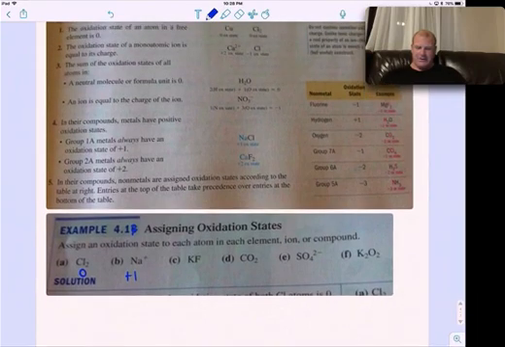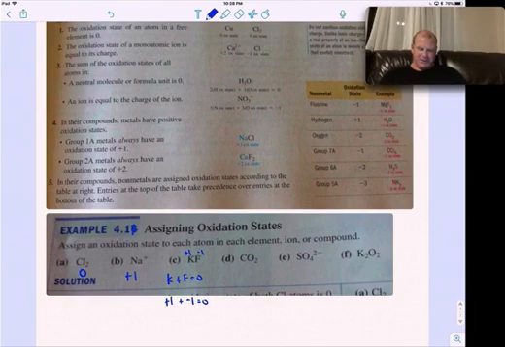The sum of a neutral formula molecule is 0. So we know that potassium plus fluorine equals 0. And then we keep on going down. And rule number 4, group 1A has to be +1. So +1 for potassium, plus, that means fluorine needs to be -1 equals 0. So this is +1, -1.